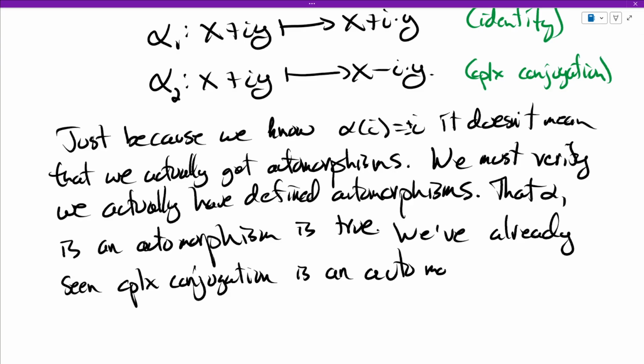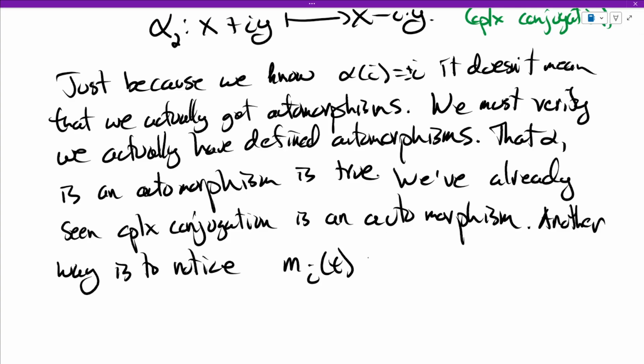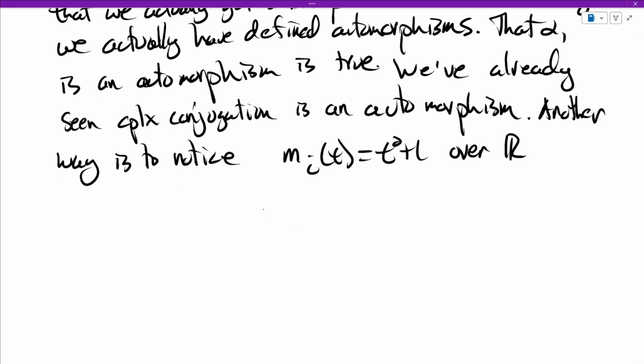But let me remind you of another way of going about this that doesn't rely on that and relies on our expression of field extensions via polynomial rings. Another way is to notice that the minimal polynomial of i is t squared plus 1 over R. And so we get this composite isomorphism where we take R adjoin t, mod out by t squared plus 1, the minimal polynomial.